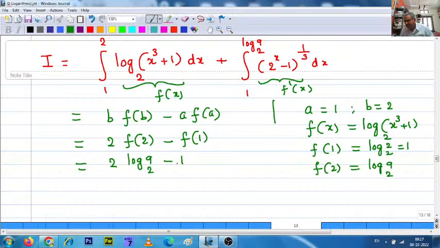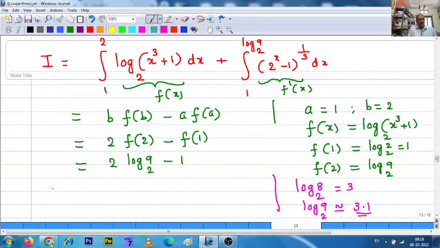Clear? Now here is one interesting factor. We need to think, logarithm of 8 to the base 2. What is the value? This is 2 cube, so 3. That means log 9 to the base 2 is approximately 3.1. It lies between 3 and 3.5, it cannot be 3.5, so 3.1.